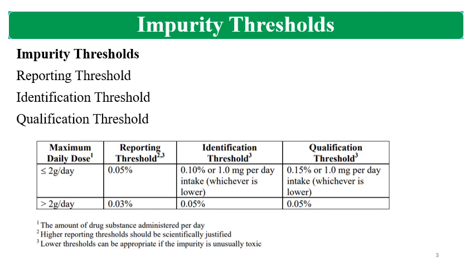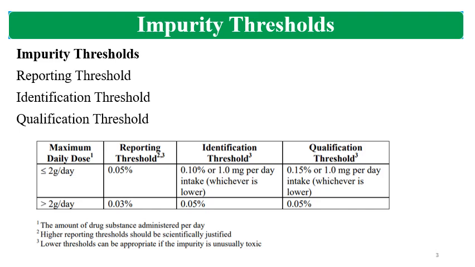Reporting threshold is the threshold above which, or if the impurity level crosses the reporting threshold, then it should be reported. That means it will be the part of impurity list or impurity profile. If it crosses the identification threshold, then it is required to be identified, and if it crosses the qualification threshold, then it requires to be qualified.